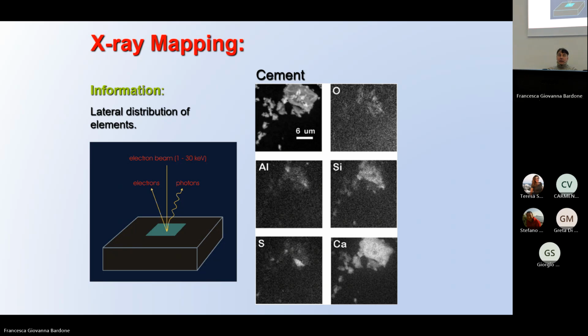Because some elements could be ionized easily, even if they are in a small amount, the signal seems higher. So for this reason, you need a standard, or at least a simulation.